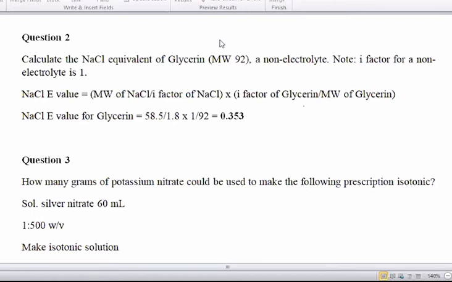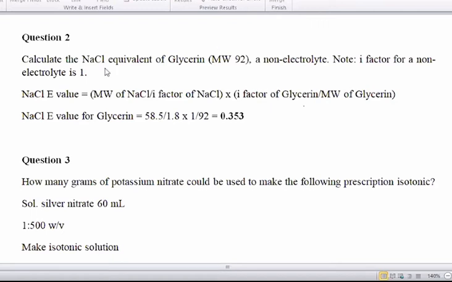The question is, how many grams of potassium nitrate could be used to make the following prescription isotonic.